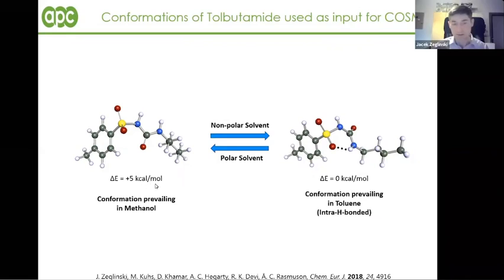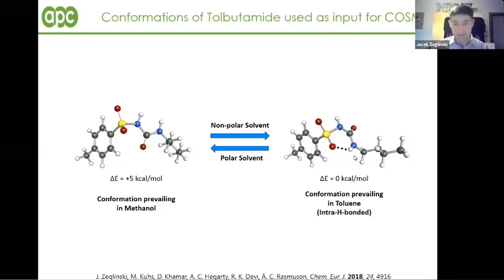There is a 5 kilocalories per mole difference, but we've done molecular dynamics simulations in methanol and in toluene, and we found that in methanol the conformation stays similar to the starting conformation used, but in toluene it turns into the intramolecular hydrogen bonded conformation.